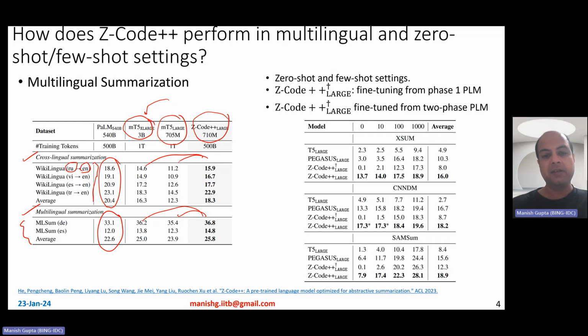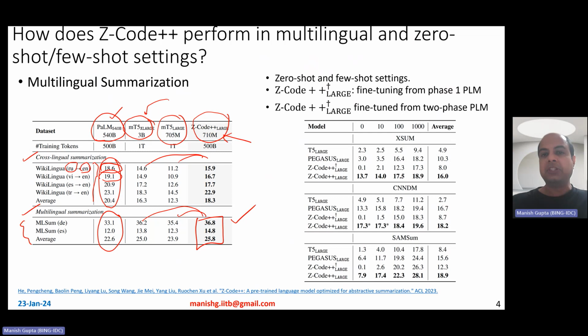In multilingual summarization, in fact, Zcode++ is better than PaLM. But in cross-lingual summarization, sometimes PaLM gives you better results. Okay. But then remember, PaLM is much larger, 540 billion parameters compared to just 710 million parameters. So for multilingual, yes, Zcode++ is good, but for cross-lingual, it looks like PaLM is better.